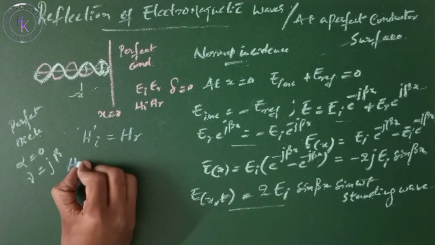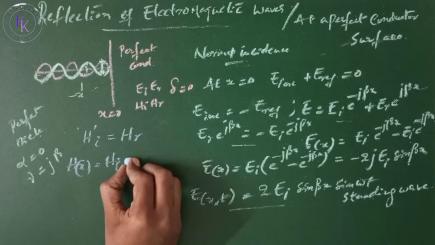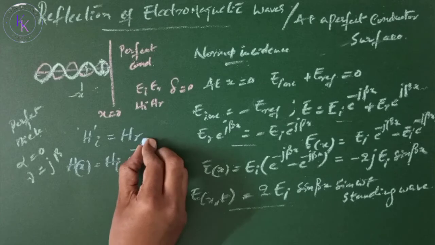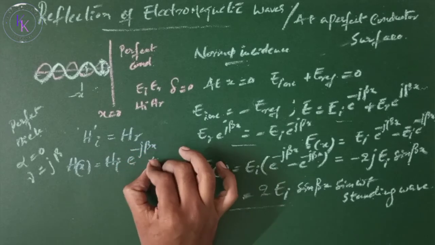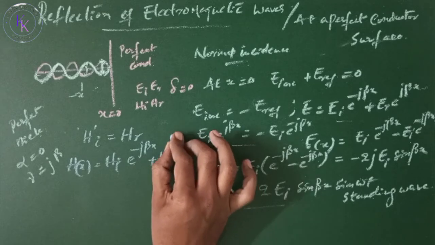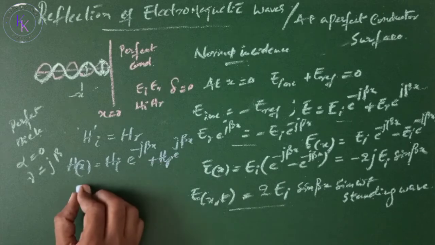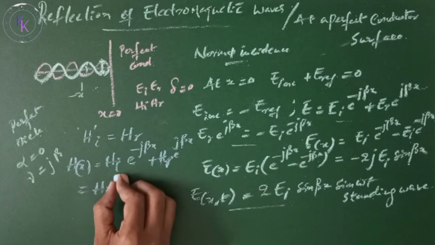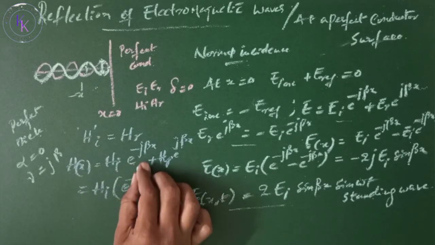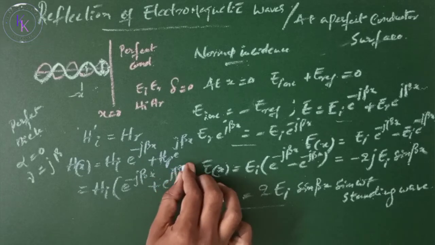Then H of x equals Hi e to the power of minus j beta x plus Hr e to the power of j beta x. Since Hi equals Hr, you can write this as Hi times e to the power of minus j beta x plus e to the power of j beta x.